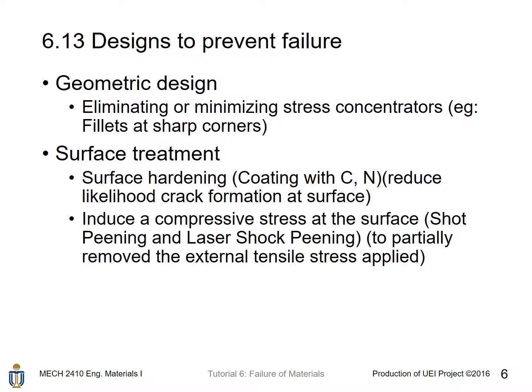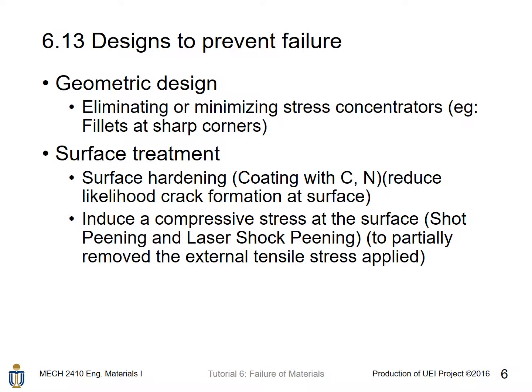The second method is surface treatment. Crack formation at the surface is likely to happen in the usage of those designed products or objects. As we have already introduced, those small cracks, which are not visible to the naked eye, will still affect the maximum stress we can apply to that object, by the definition of the fracture toughness.